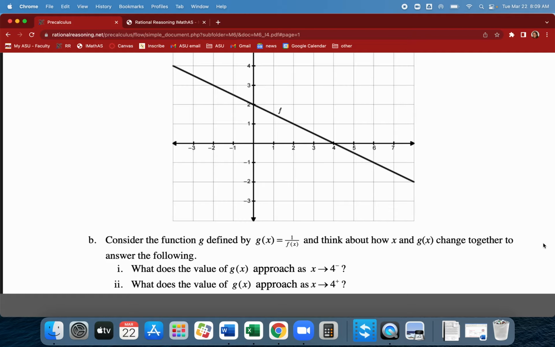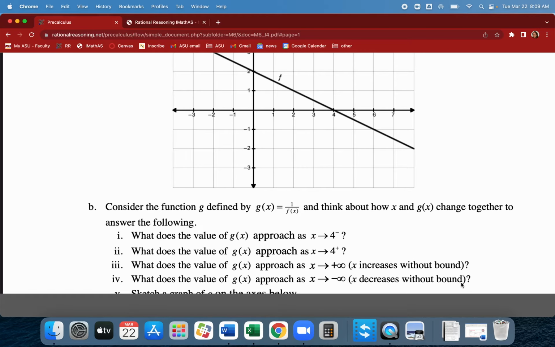If you wanted to, in fact, as x approaches positive infinity, this g of x is getting closer and closer to 0. If you wanted to make a statement in sentence form, a lot of times what might even be done is say, well, it's getting closer and closer to 0, but it's staying less than 0.